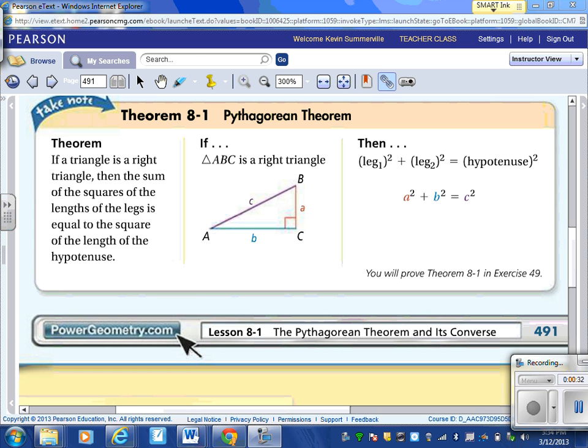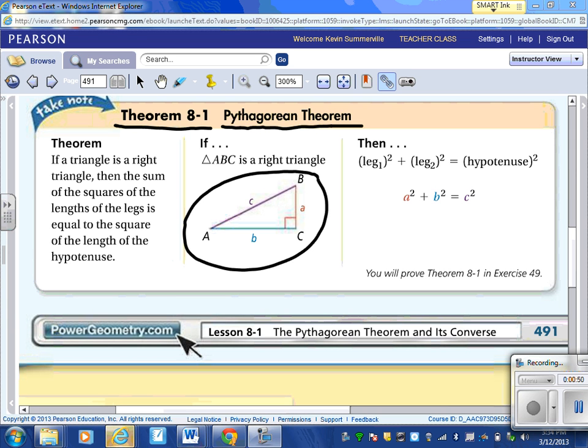If we take a look at this theorem, 8-1, called the Pythagorean theorem, what does that really mean? That's telling you you're given a triangle that looks like this. Then you could take leg 1 squared plus leg 2 squared.